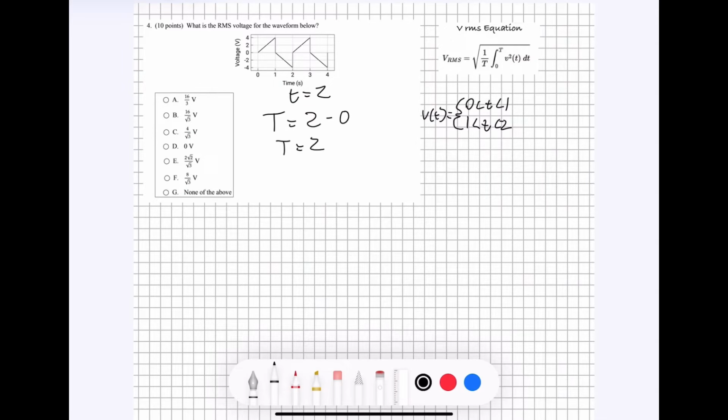So from 0 to 1, the equation is going to be 4t, because we can see that the graph is increasing from 0, so there's no y-intercept. It's increasing from 0 to 4 with a slope of 4 right there.